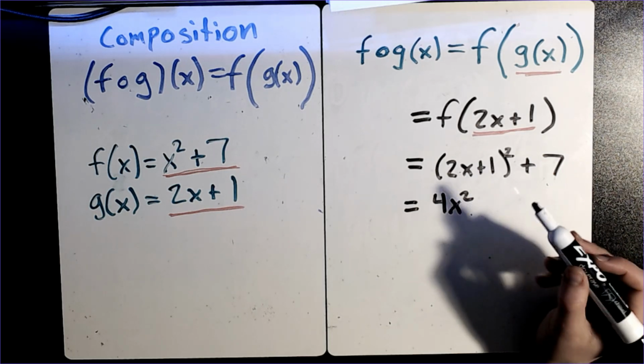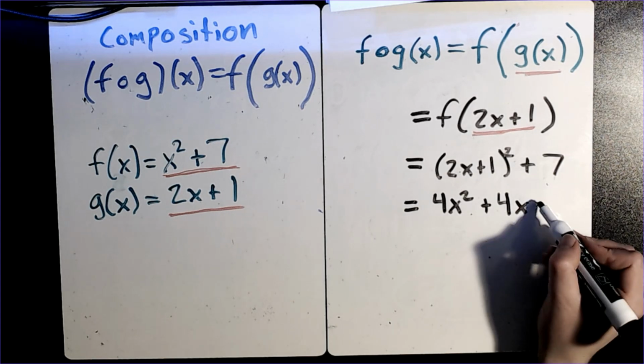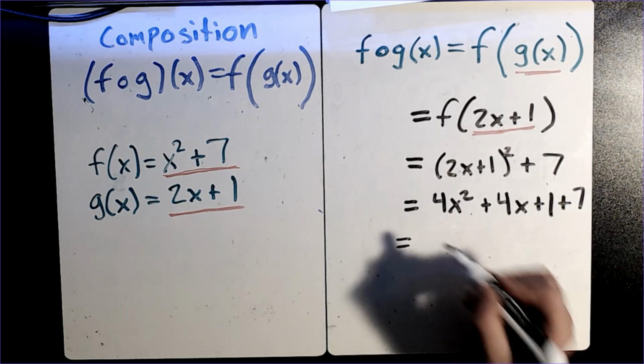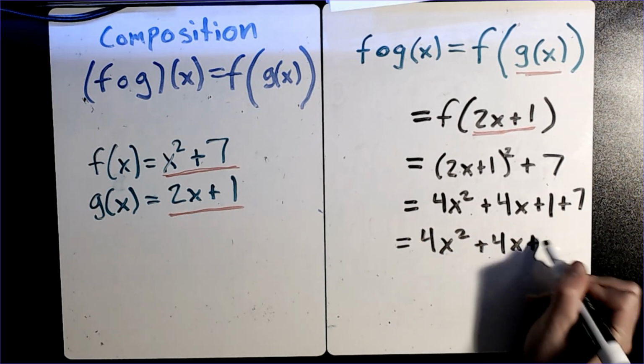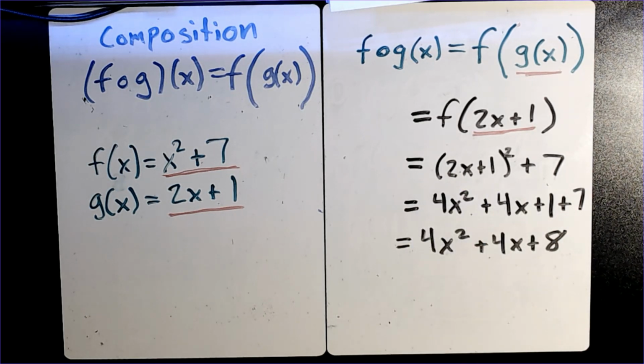But then we get another one of those, so another 2x would give us 4x. And then 1 times 1 would be 1, plus 7. So altogether we'd get 4x squared plus 4x plus 8. We just got this part by distributing out the 2x plus 1 squared. You could FOIL that out if you wanted to, or you can just remember the pattern of how we square binomials. Okay, that's f composed with g of x.